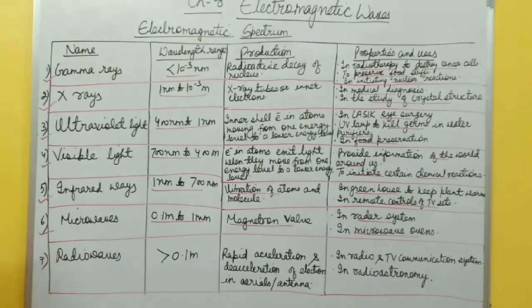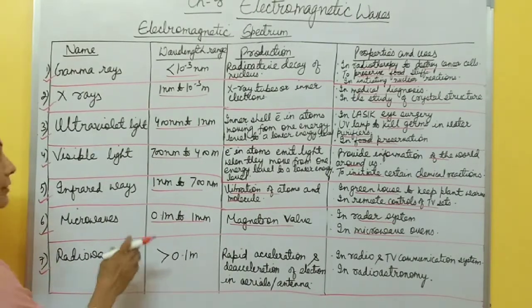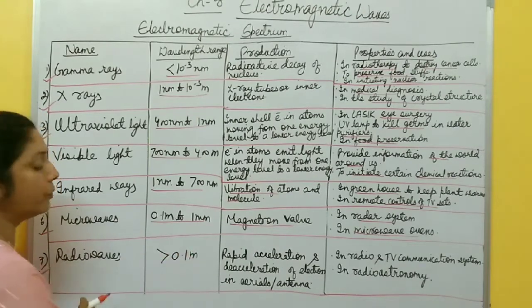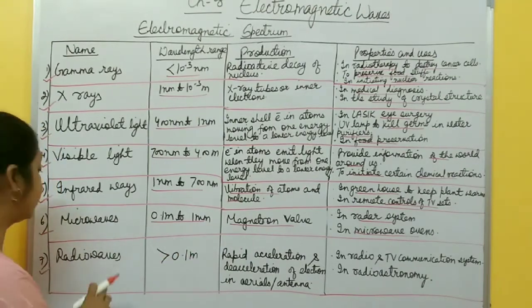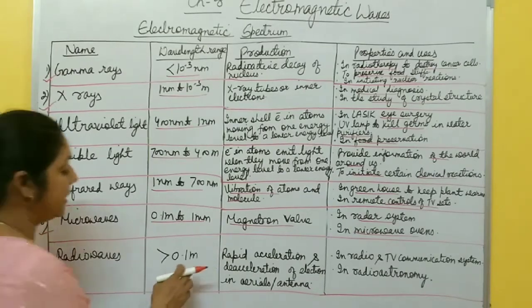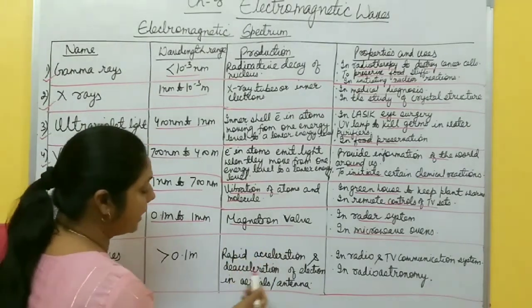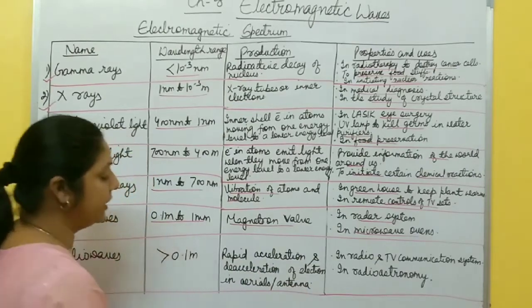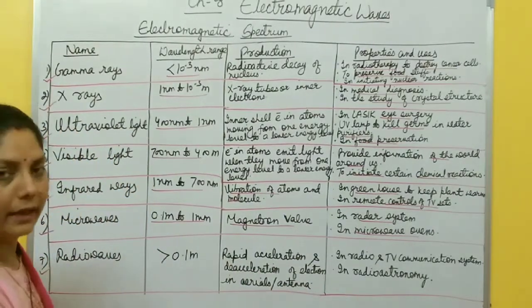It's very simple. Last one, radio waves. It has greater wavelength, greater than 0.1 meter. It has the highest wavelength and lowest frequency or energy. It is produced by rapid acceleration and deceleration of electrons in aerials or antenna, you can say.